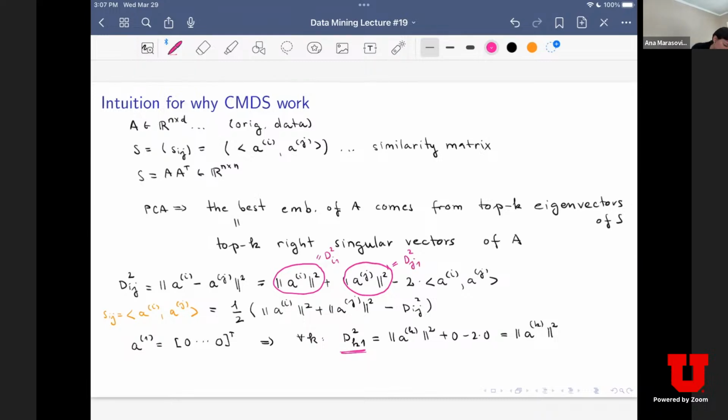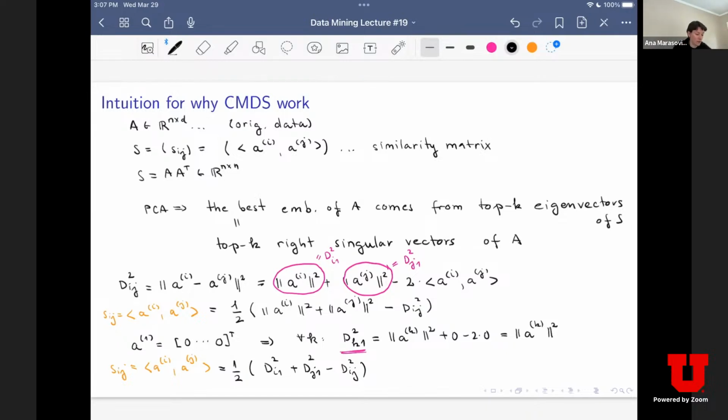So our similarity Sij, which is the scalar product between Ai and Aj, can be written down in terms of distances: 1/2 times d_i1 squared plus d_j1 squared minus d_ij squared.